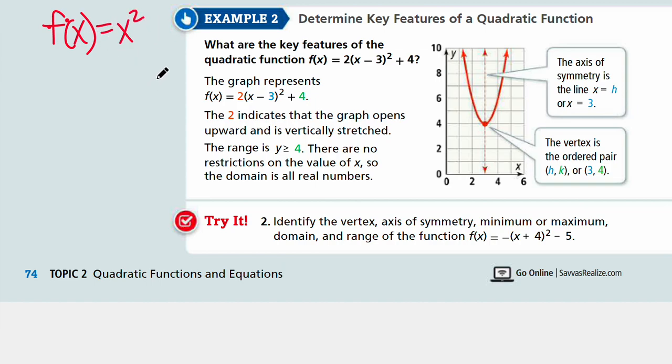So any transformation that happens to the entire function will be outside, because your x squared is your parent function. If anything happens to x, like some a times x, that means you have (ax) squared.